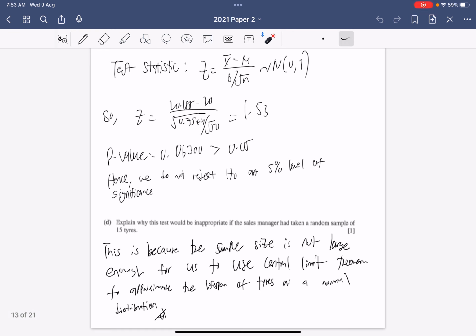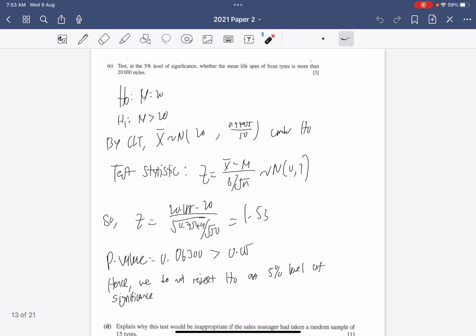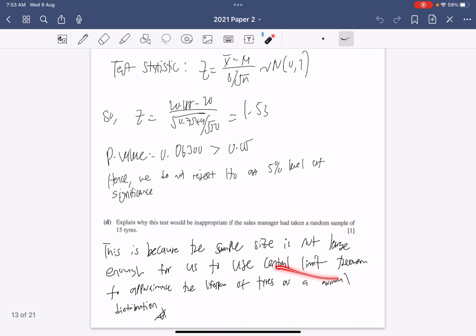Now the question is, why is this test actually inappropriate? In recent years there are more questions asking for critical thinking, whether what you're doing is logical or not. It would be inappropriate when the sample is small because you already assumed CLT at the top, which means if it's small then you cannot apply CLT to approximate the lifespan as a normal distribution.